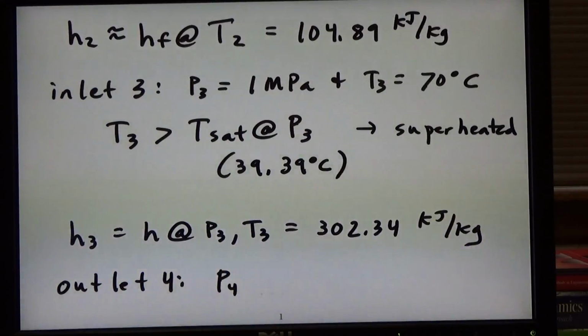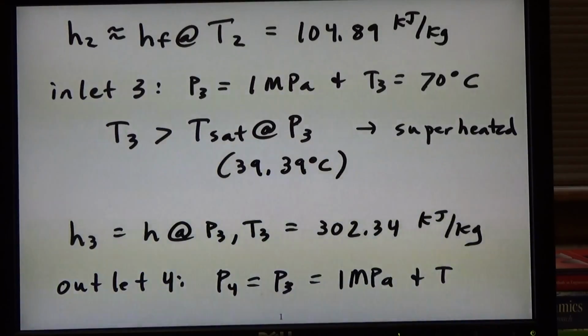And then last but not least we have outlet 4 for the refrigerant. Our P4 was equal to P3, still 1 megapascal, and our temperature now has decreased to 35 degrees Celsius. So first thing is check the phase. We know that for the hot substance, if it's a condenser, the phase should be at most a saturated liquid, but probably going to be a subcooled liquid.